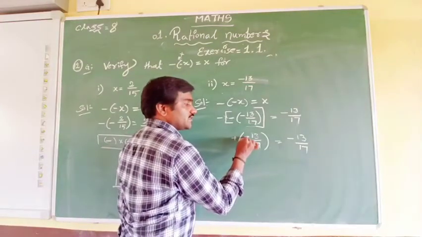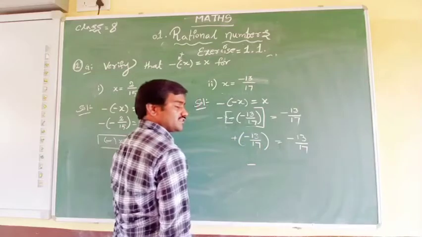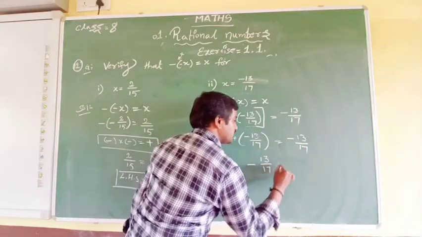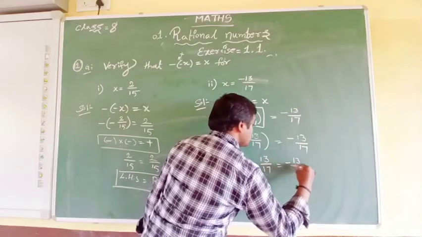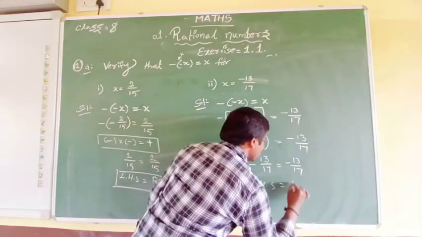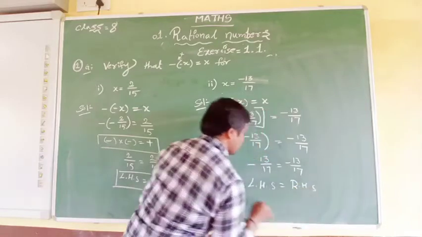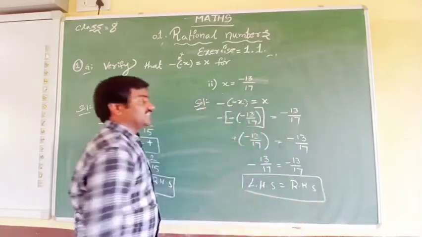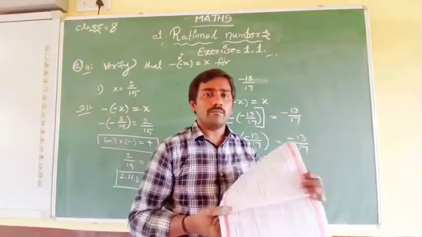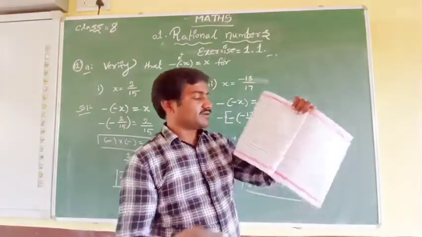Plus into minus is minus. That is minus 13 by 70 equal to minus 13 by 70. Now LHS is equal to RHS, both sides are balanced. So it is complete. The 13th question is very simple.